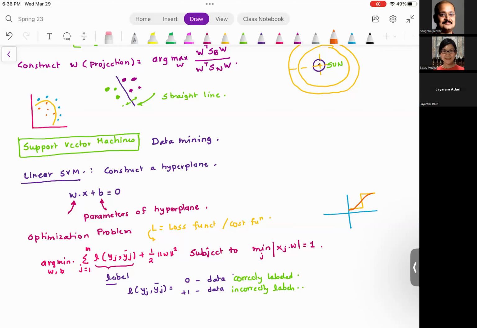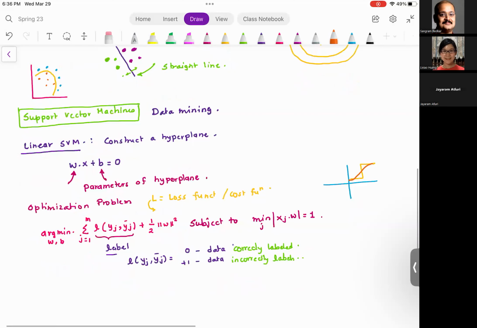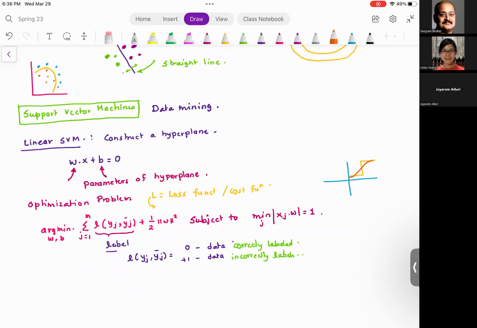So to solve this optimization, they use a common formulation. Instead of solving this optimization problem directly, the problem that is solved is argmin over w comma b of the sum for j equal to 1 to m, and you use something called the hinge loss function.